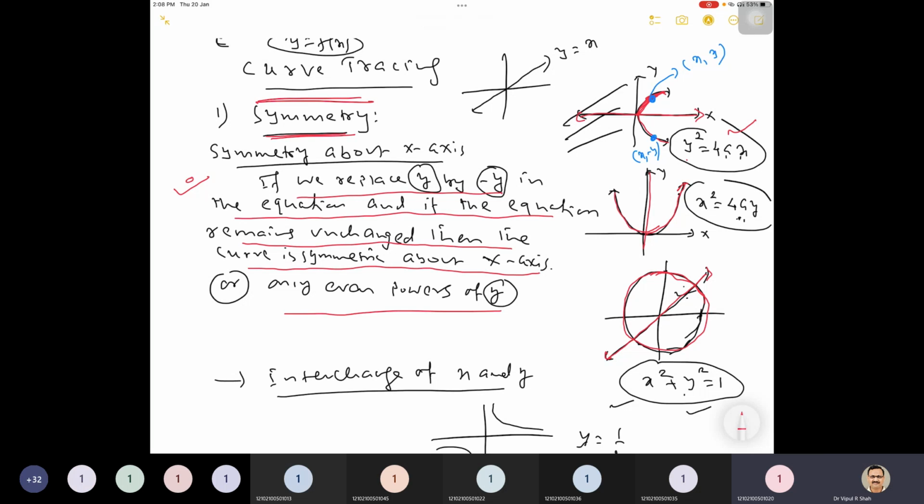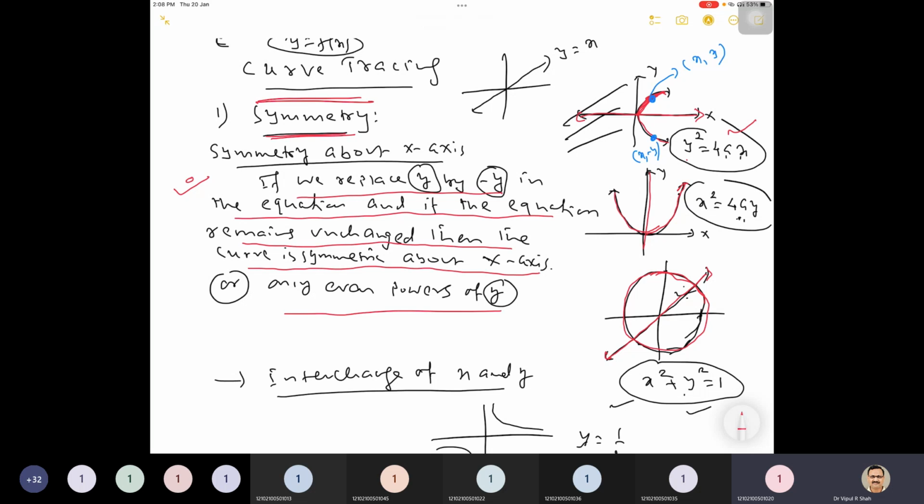So then you write this thing. This kind of example will be asked for 5 to 6 marks minimum. Not only symmetry, the whole curve tracing will be asked. Okay, and that's easy also. It's not difficult to solve.